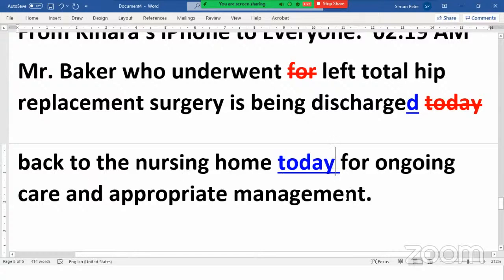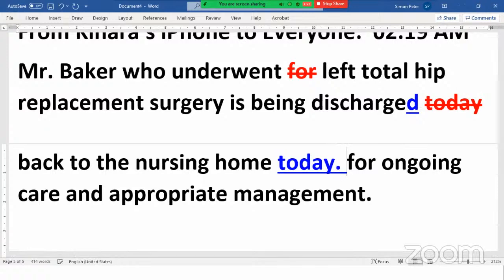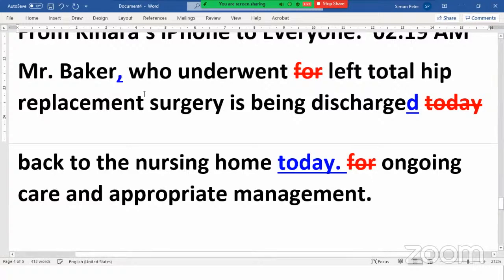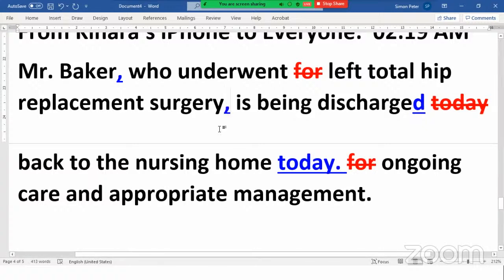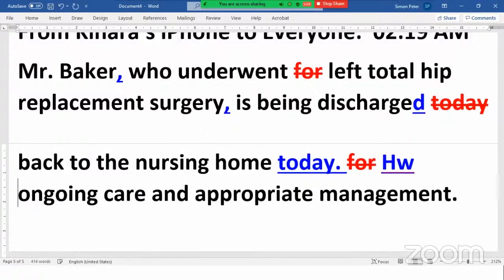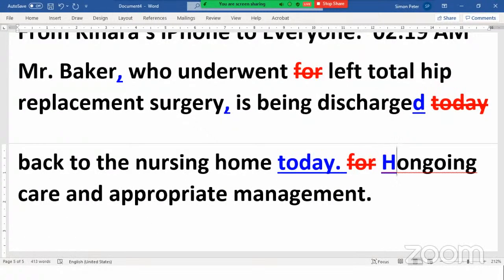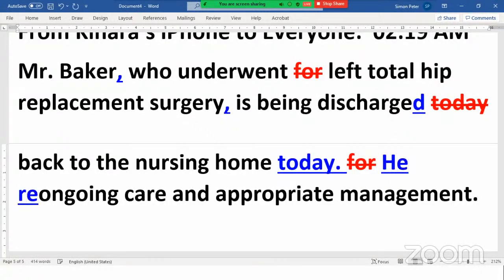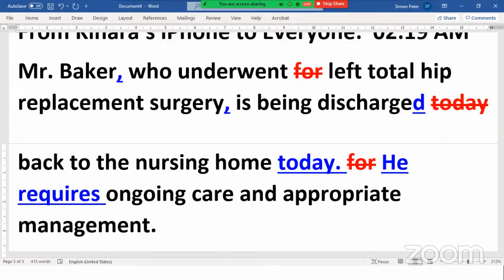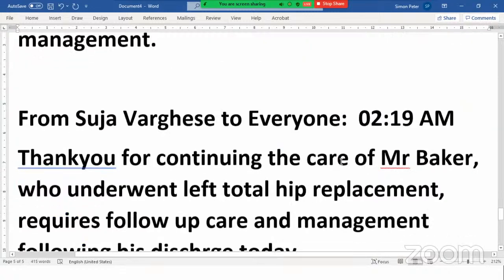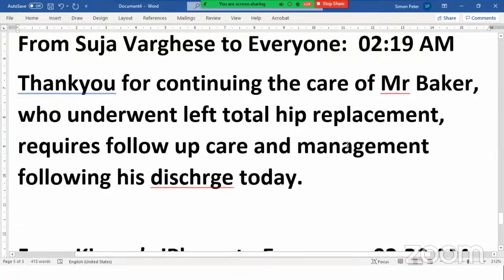Full stop. And here, who? Here is being discharged, comma, he requires ongoing care and appropriate management. Fine.